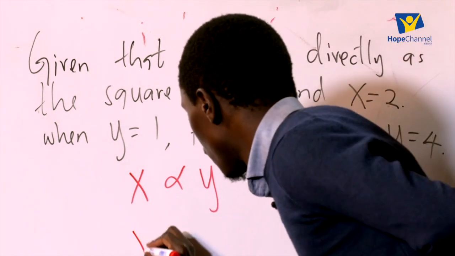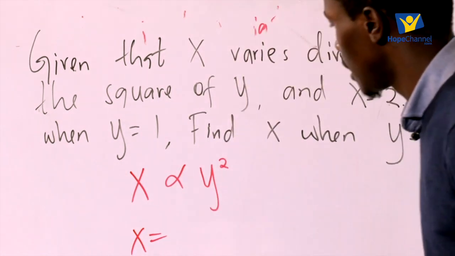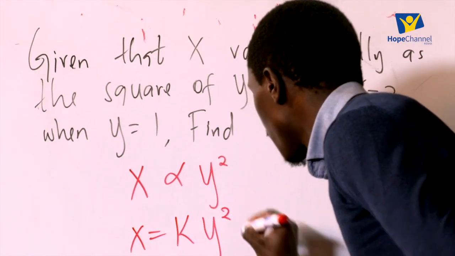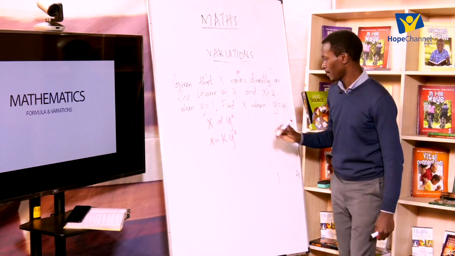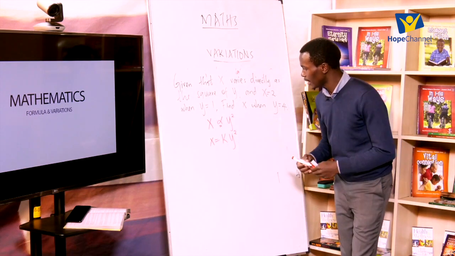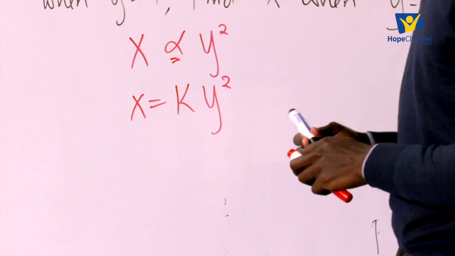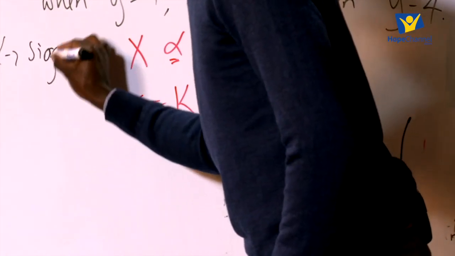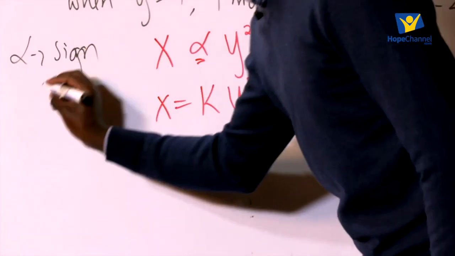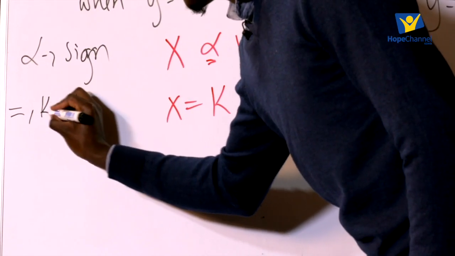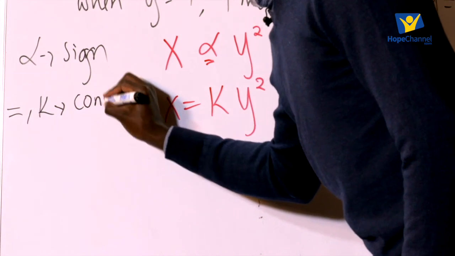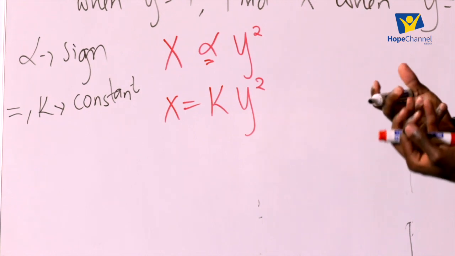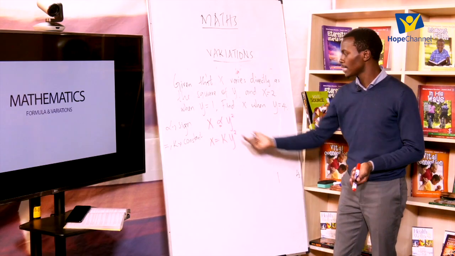So to do away with this proportionality sign, we introduce an equal sign and a k, so x equals k y squared. Just to remind you, that sign there is the sign of proportionality. It's just a sign which is done away with and replaced with an equal sign and a k, which is a constant, so that we are able to work it out mathematically using figures, because that sign does not have a value.